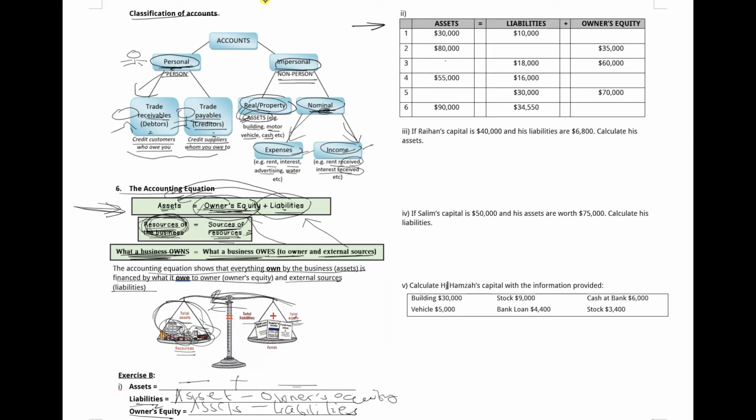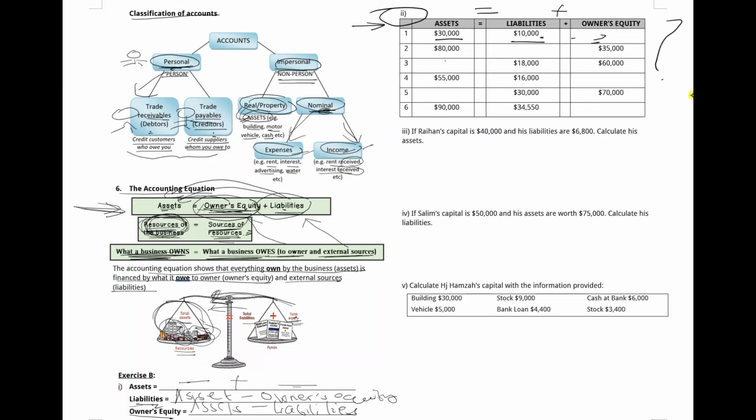So if they give you this, find it out for me. So assets equal to liability plus owner equity. So liability is 10,000 plus how much? We get 30,000. So you'll do this. Take note, assets equal to liability plus owner equity. So you do this one for me.